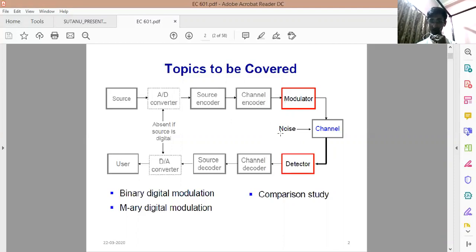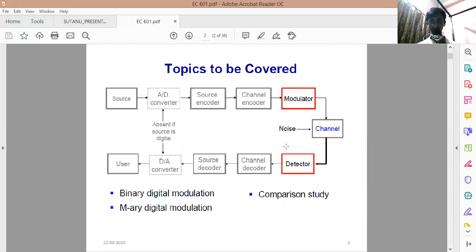Regarding this issue, we have discussed the probability of error and how much error can be found. Based on that, we have analyzed some performance of the system. I will tell you later in this discussion.